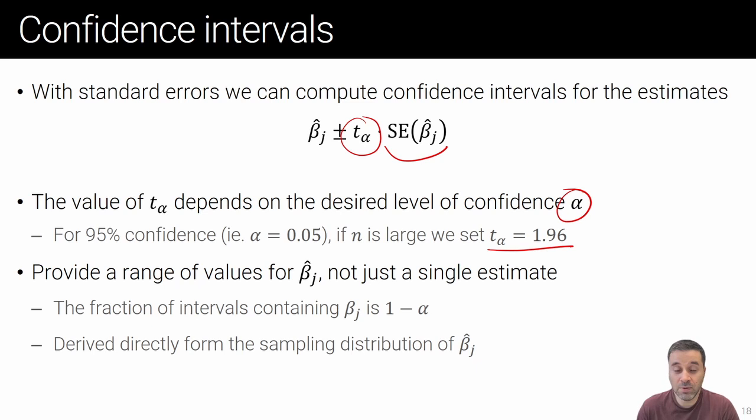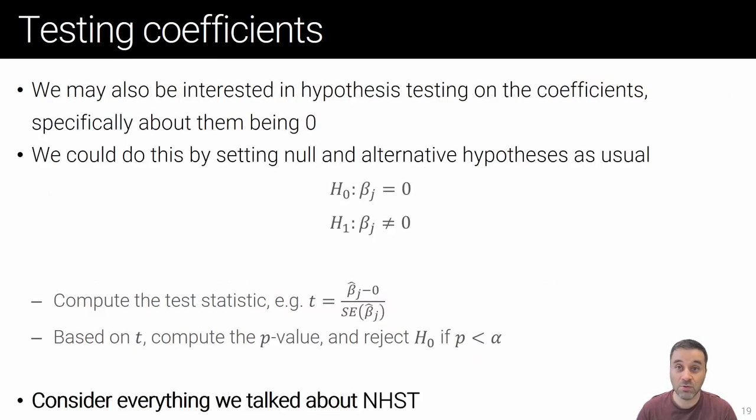What else can we do with coefficients? Well, we could start testing hypotheses about coefficients. And again, everything we've seen so far about null hypothesis, alternative, p-values, etc. applies here. And in particular, we're always or almost always going to be interested in the hypothesis that a certain coefficient is 0 or not, because that's what makes the most sense.